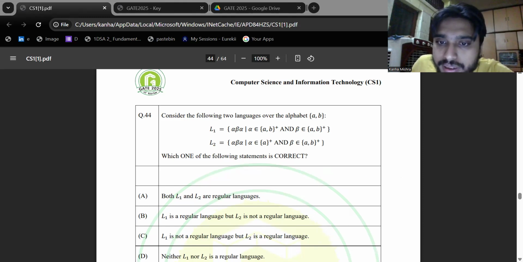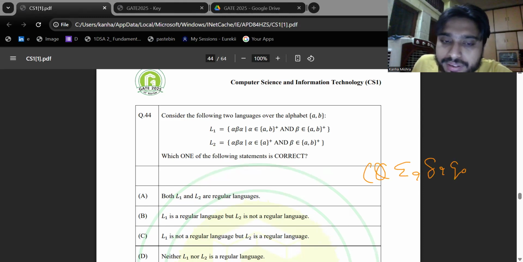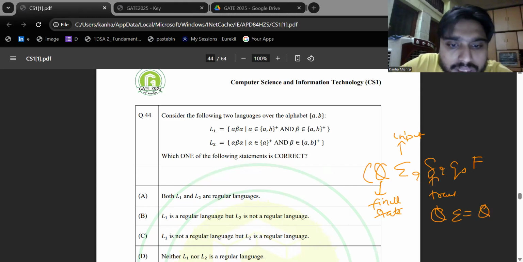Q, sigma, delta, Q naught, and F. Where Q is the finite number of states, finite states. Sigma is the input alphabet. Delta is the transition function, like Q times sigma gives Q. Q naught is the initial state, and F is the set of accepting final states.